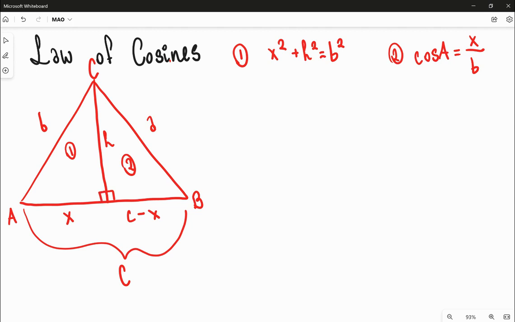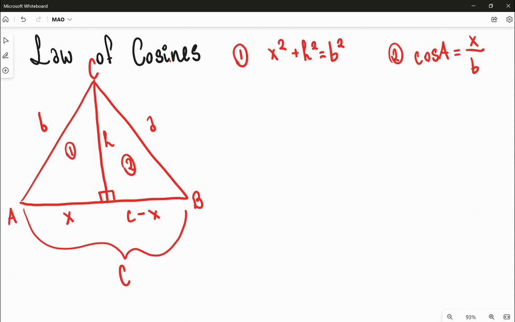This x squared plus h squared is equal to the hypotenuse squared. And then cosine A of this angle right here, adjacent x over b. Or this is not actually triangle 2, it's step 2 of triangle 1. Sorry if that was confusing.